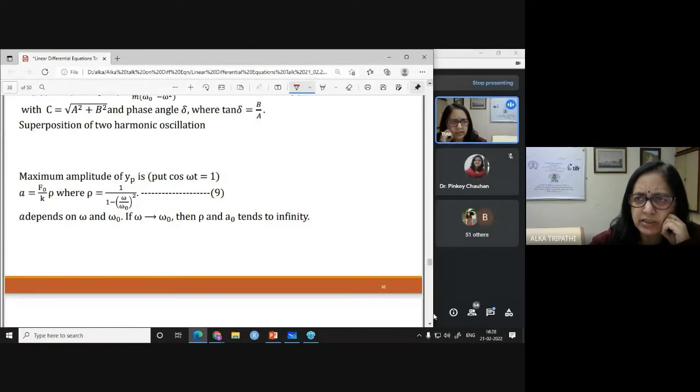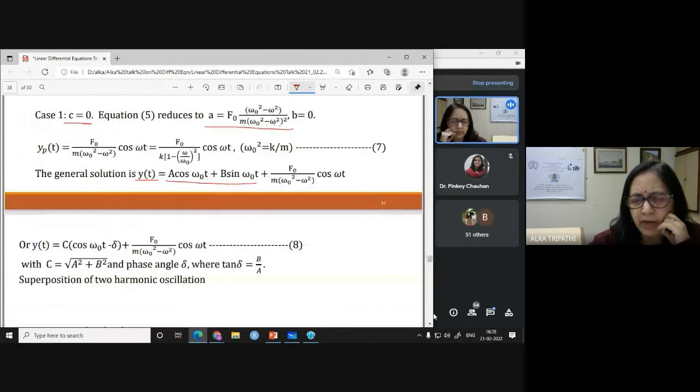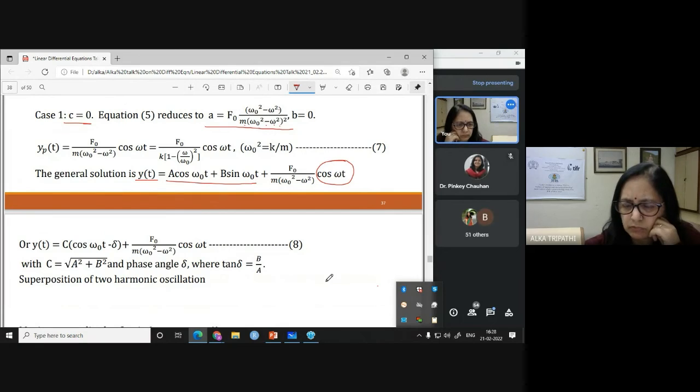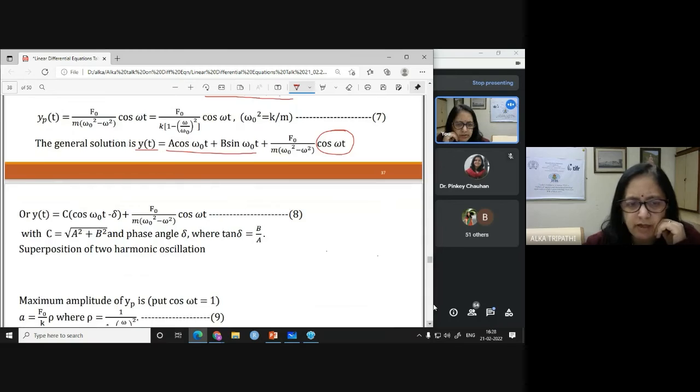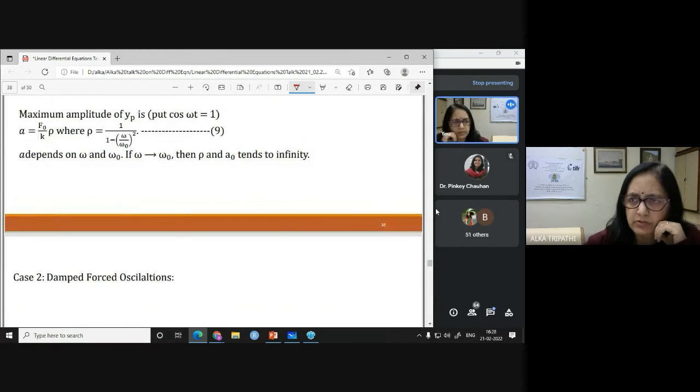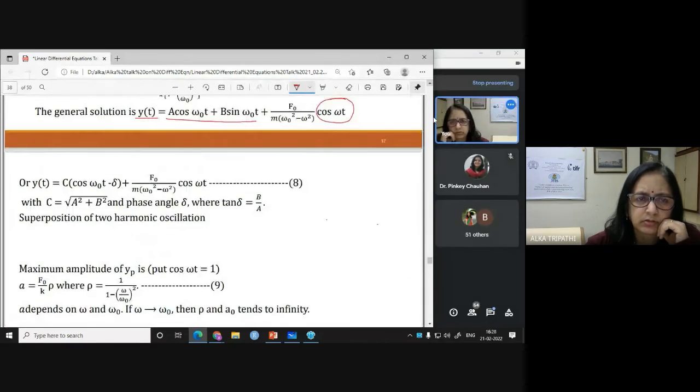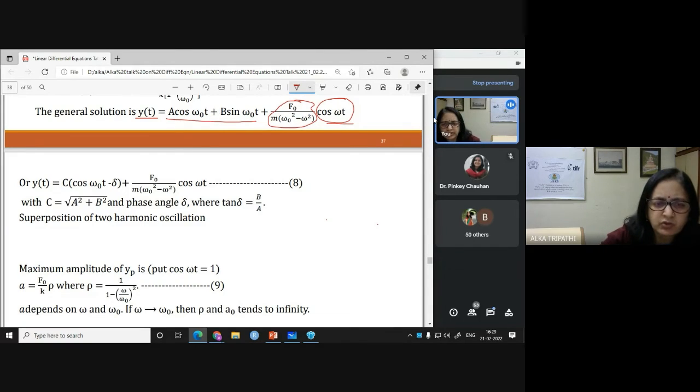If we consider in this case cos omega t with maximum amplitude, that is if we consider this to be 1, then this value will be 1 and my a part will be equal to f naught divided by m times omega naught square minus omega square.